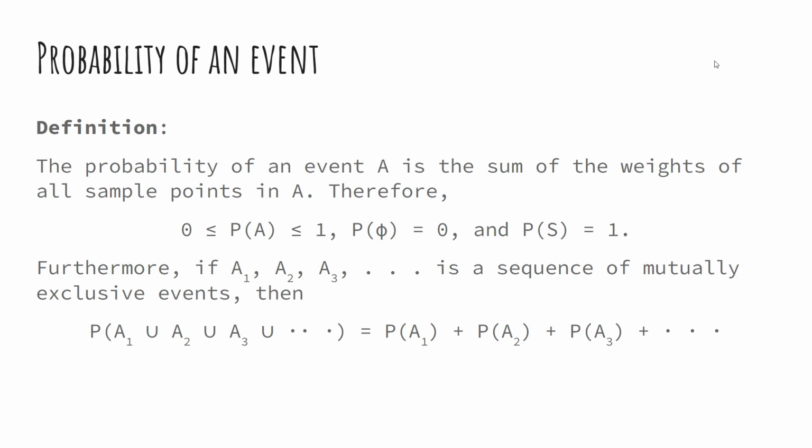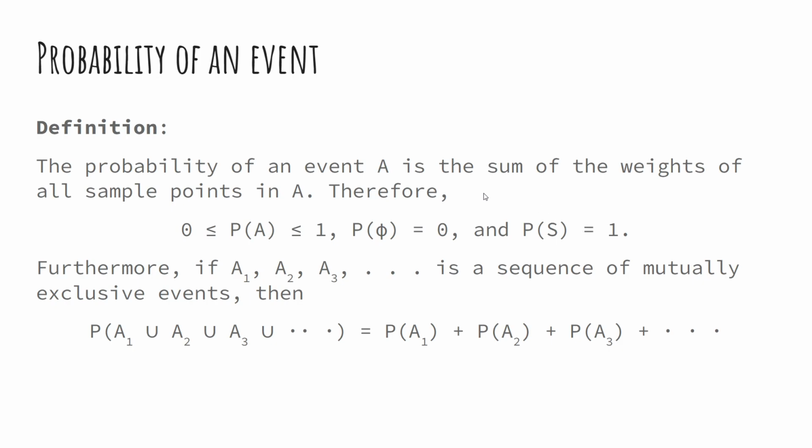Remember the definition I had given you some time back: the sum of all the weights should be equal to 1. So if you are taking all the points, then only the probability of A will become 1. That's what I mentioned here, probability of S is equal to 1, so basically you are taking the full set.